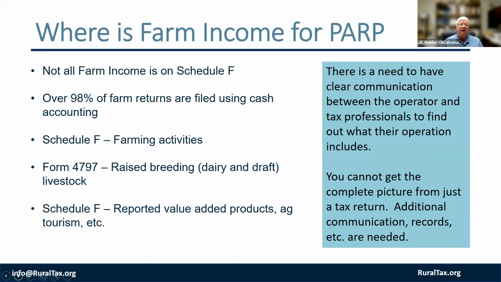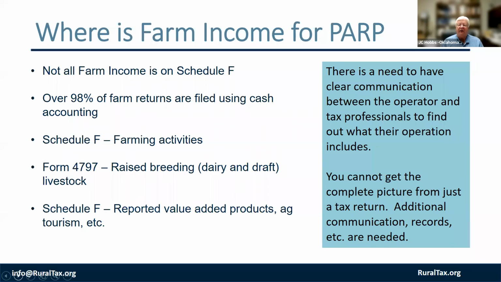So when you look at this process, we have to have clear communication between the farm operator and the tax professional. Because we've got to look at the farm operation, making sure that we understand all the income and expense items that come into play. Now remember, PARP is a revenue-based program, so we can throw out the expenses.